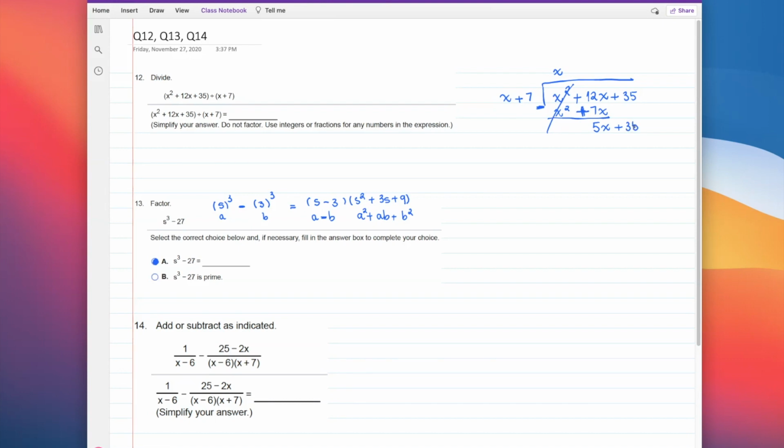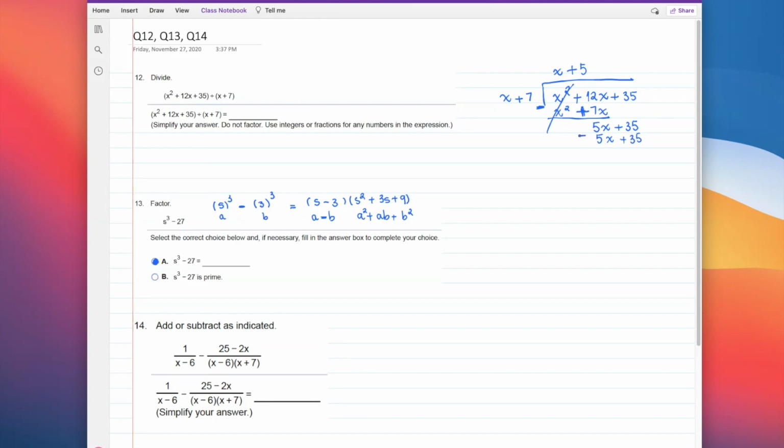Now you try again. x goes into 5x: 5x divided by x is 5 only. Now you multiply 5 times x, 5x, and 5 times 7, 35.